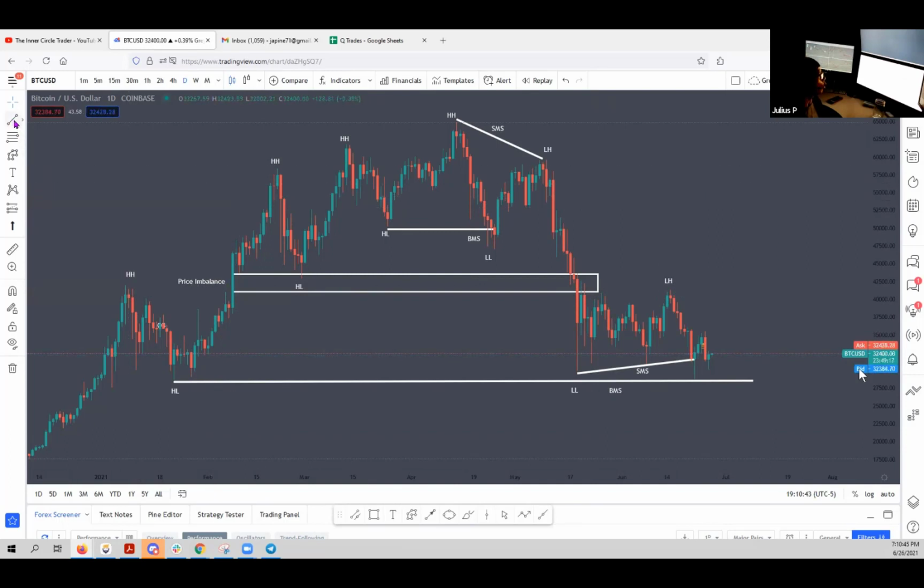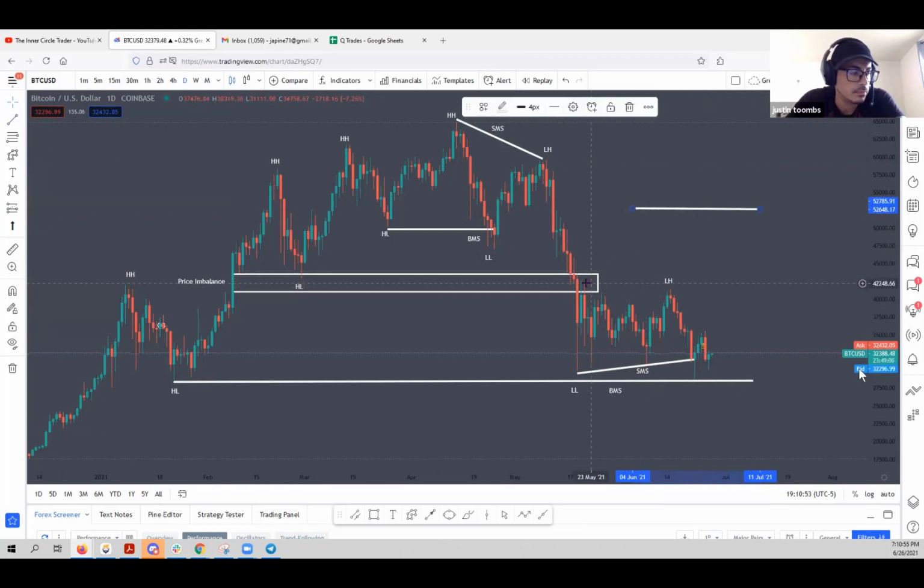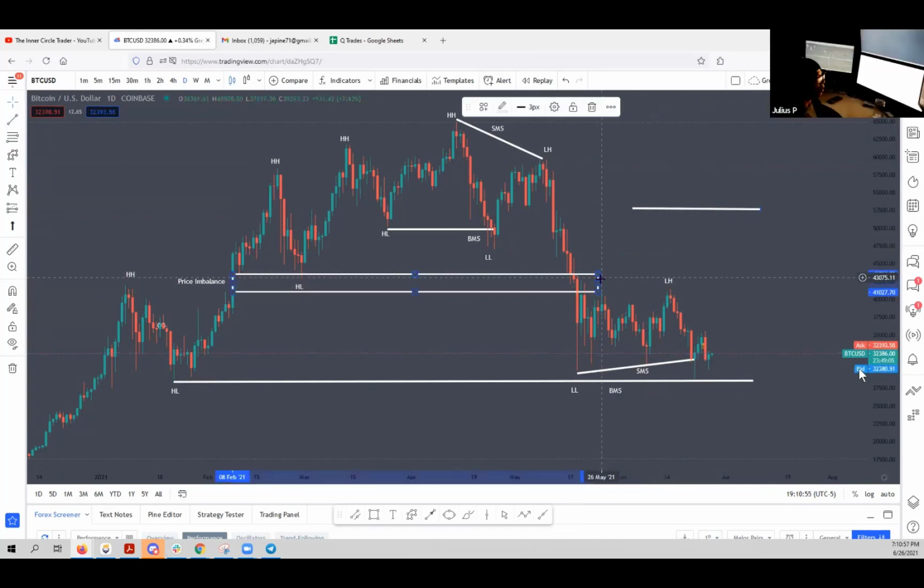typically when you're looking for a resistance line, that's what you're doing, right? But in this case, can't do that. It literally is the entire price imbalance. And take a look.